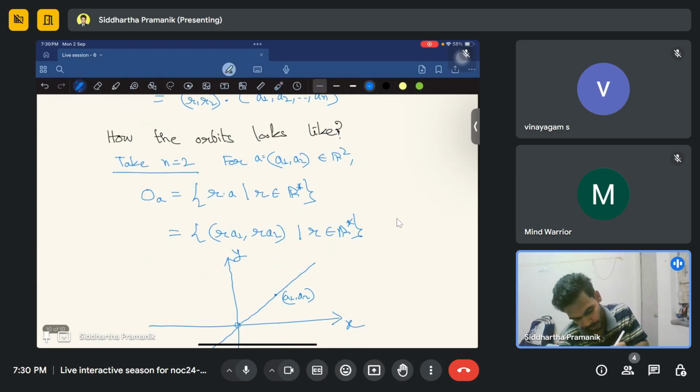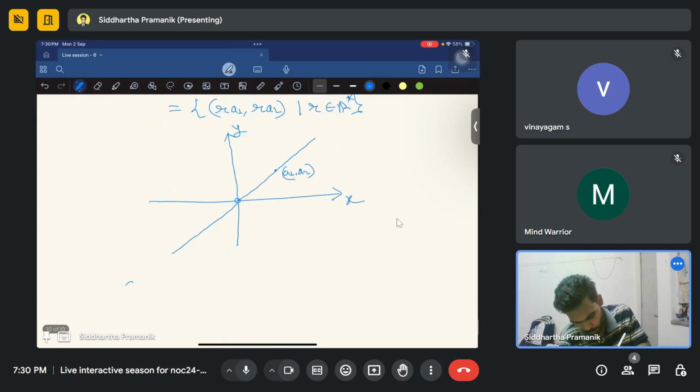So what is the orbit of 0 then? The orbit of the point (0, 0) is just {(r·0, r·0) such that r belongs to R star}. So it is just the singleton set {0}.